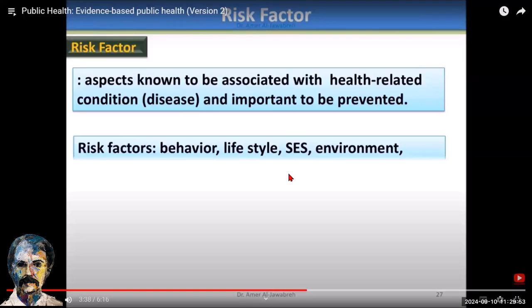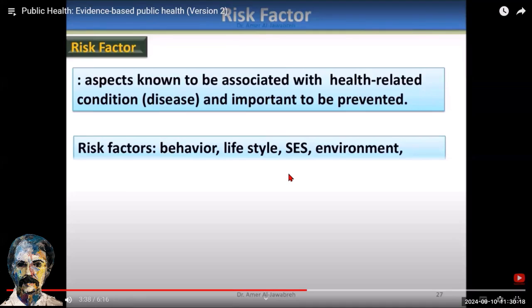Risk factors include behaviors: eating behaviors, sleeping behaviors, running behaviors, lifestyle. Some people like to be clean and neat all the time. Some people don't care. Socioeconomic status, how much money you have, and all this stuff. Environment even: what is around you? Do you have a chemical factory around you?